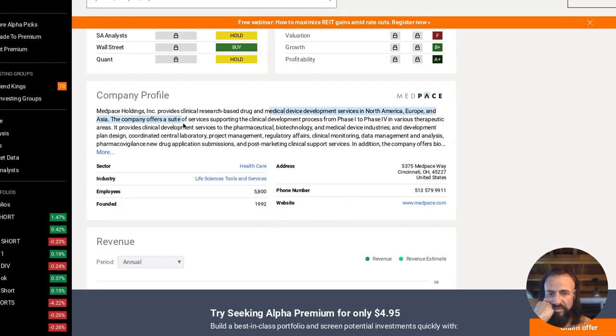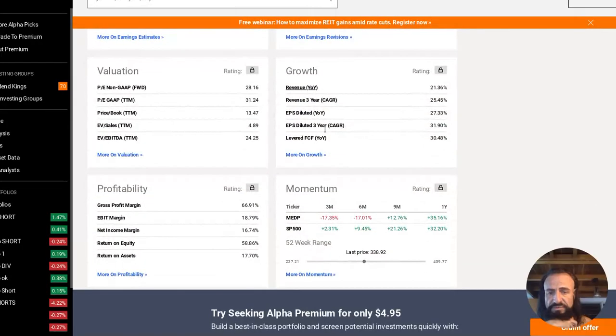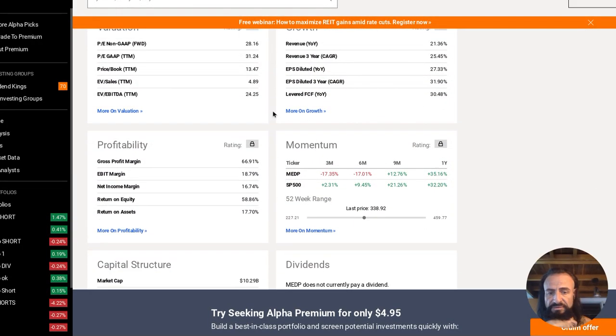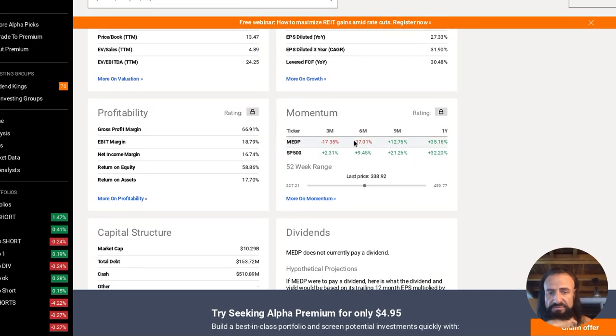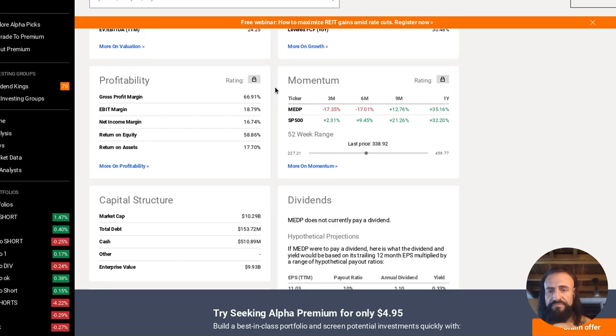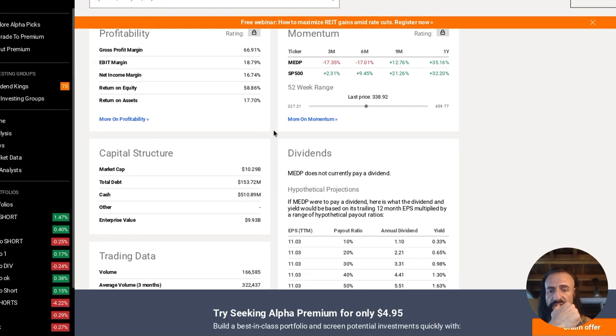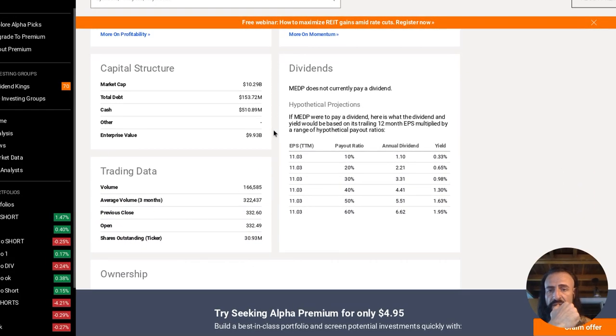A medical company in North America, Europe, and Asia, based out of Cincinnati, Ohio. Here, pretty much a lot of the same things. Here, it compares with the S&P 500. Gross profit, EBITDA, net income. It looks good. At least it looks good to me.